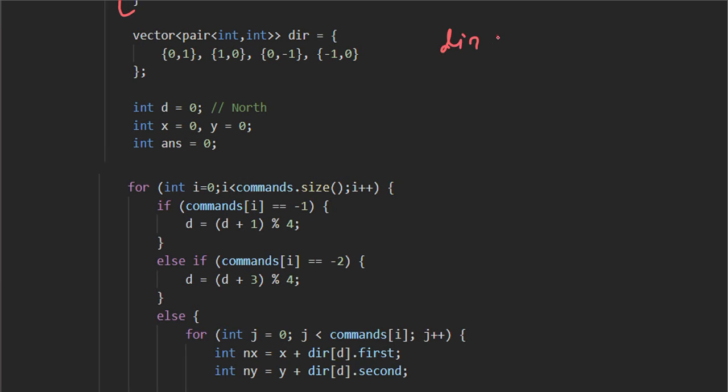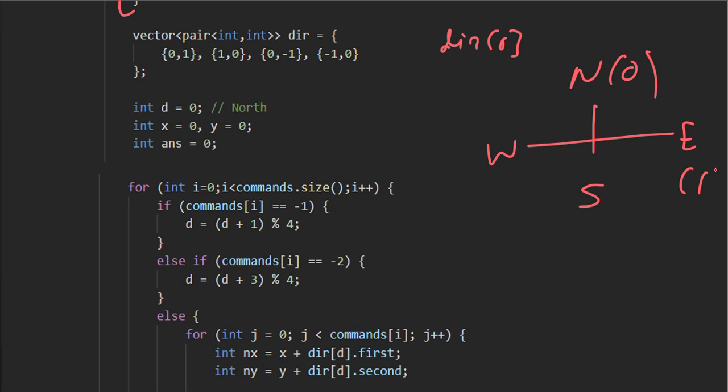Direction of 0 means north, east, south, west, right? So north means 0, east means 1, south means 2, west means 3, right? So direction of 0, north, for north we have to increase y by 1.